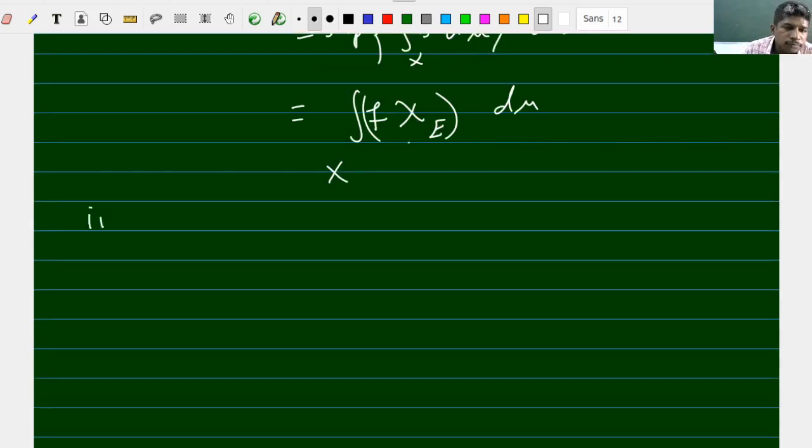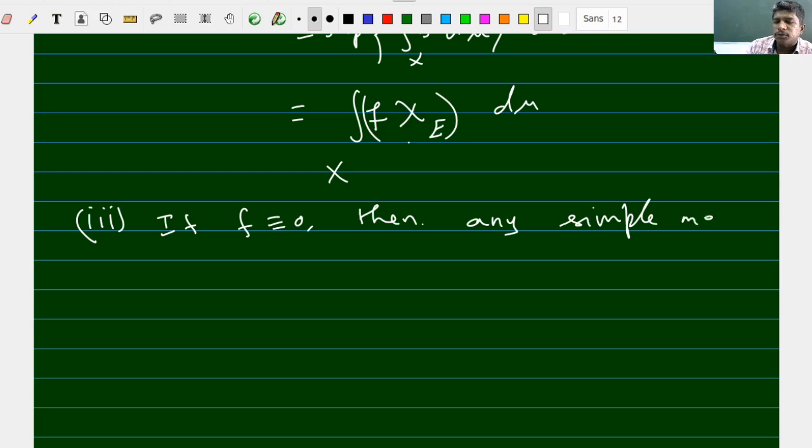Third part. If f is identically 0, then any simple measurable function s such that 0 ≤ s ≤ f is identically 0.